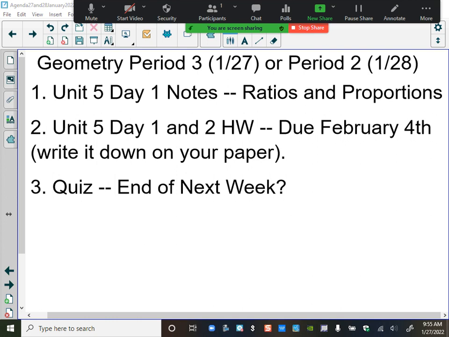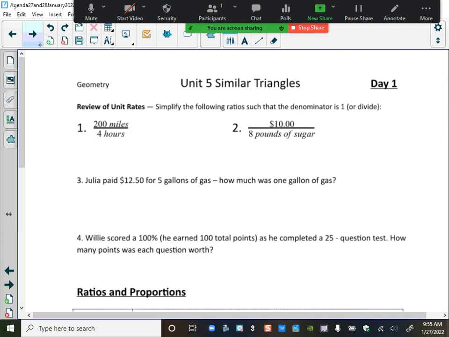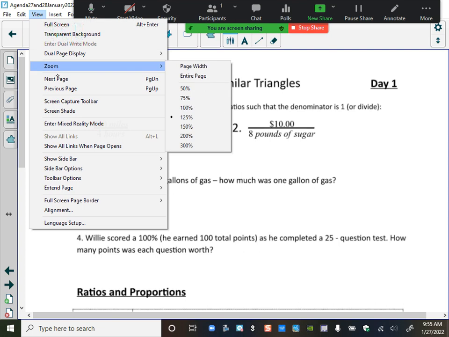All right, here's what we have going on. It seems easy. Yeah, it's not that bad once you get going with it. I don't know what's going on with the screen today.